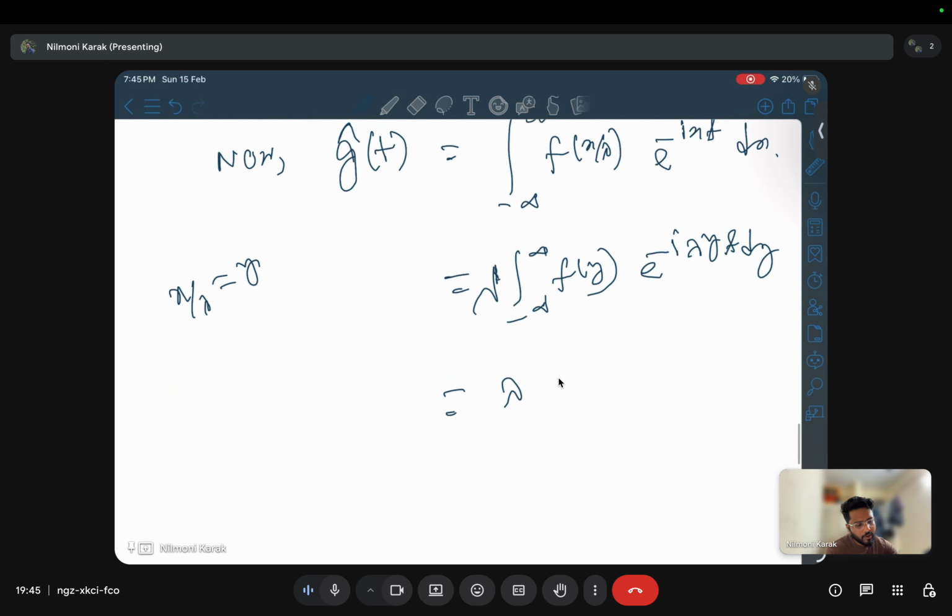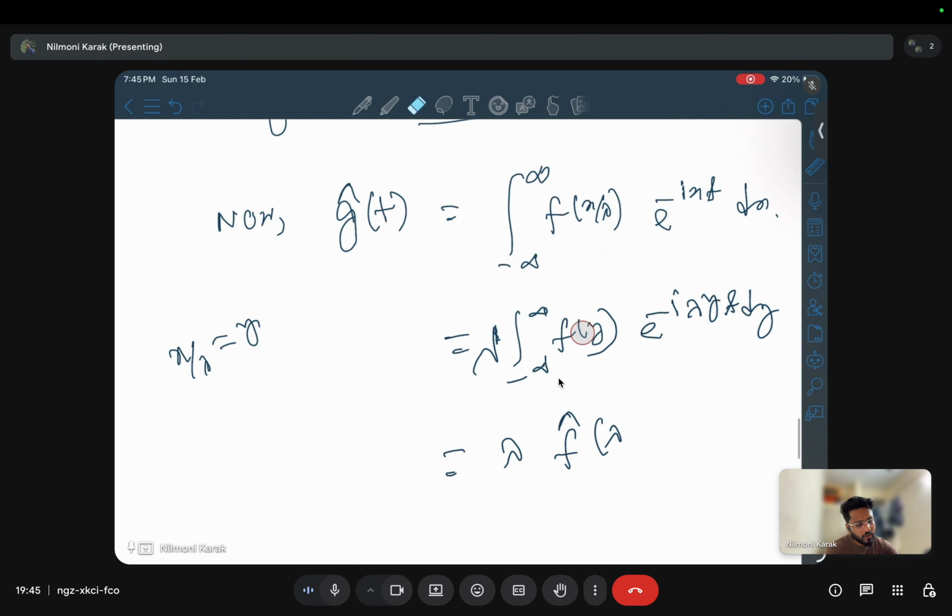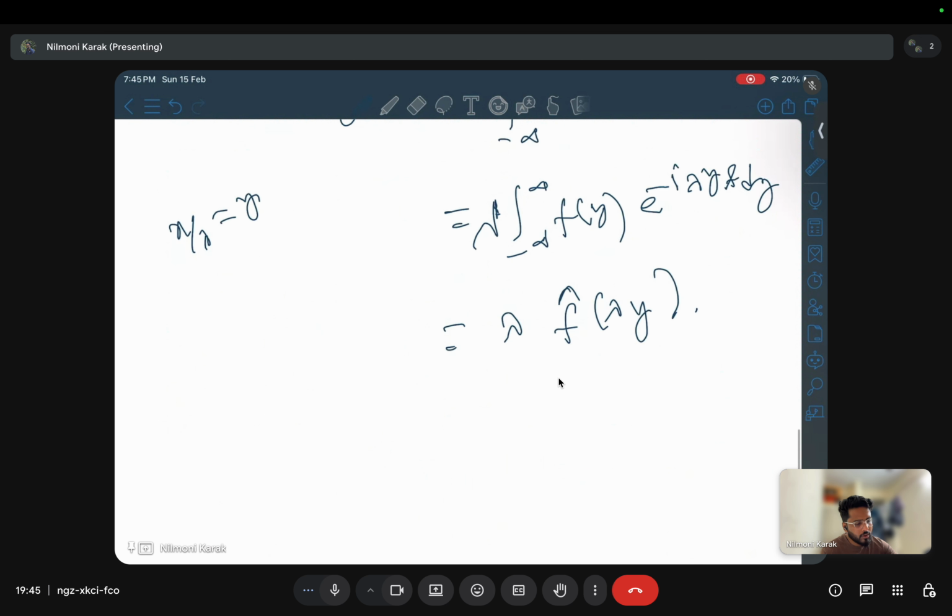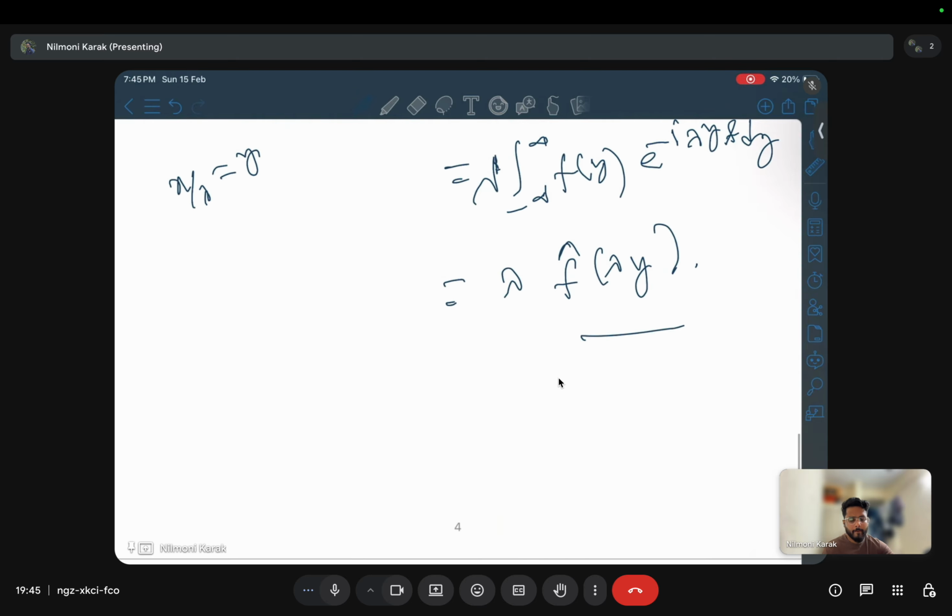So this is lambda times the integral of f(y) e to the power minus i lambda y t dy, which is lambda times f hat of lambda t. That's done. Now, the next question.